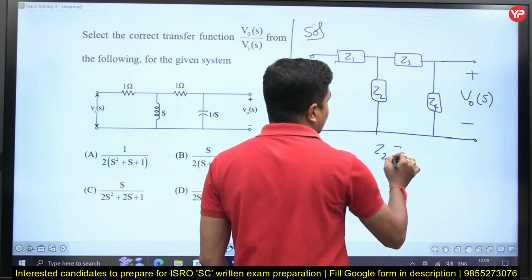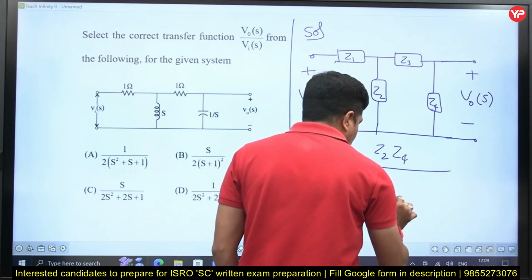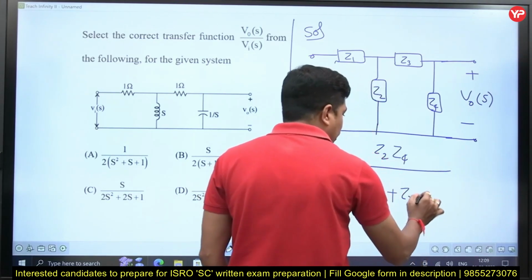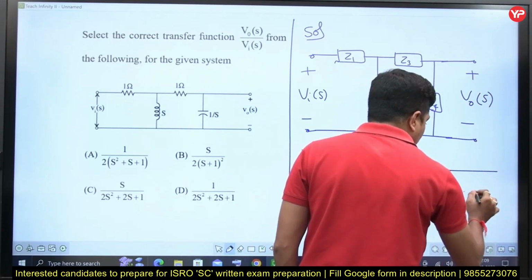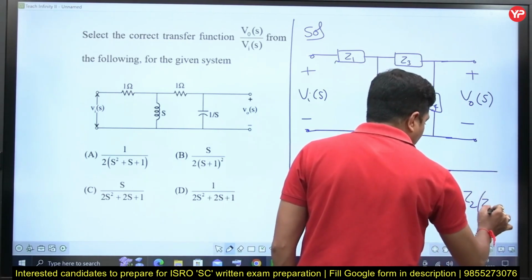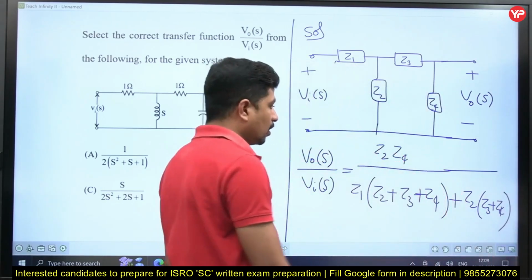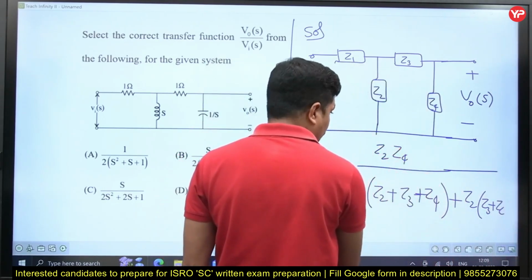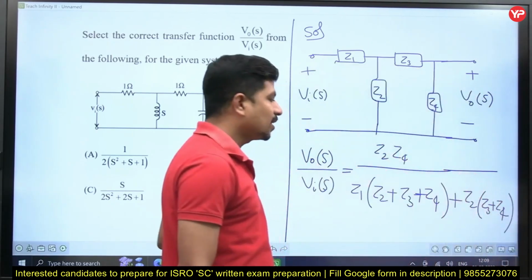Z2 Z4 by Z1 into Z2 plus Z3 plus Z4 plus Z2 into Z3 plus Z4, right? Let me write it clearly. Clear? Just substitution.